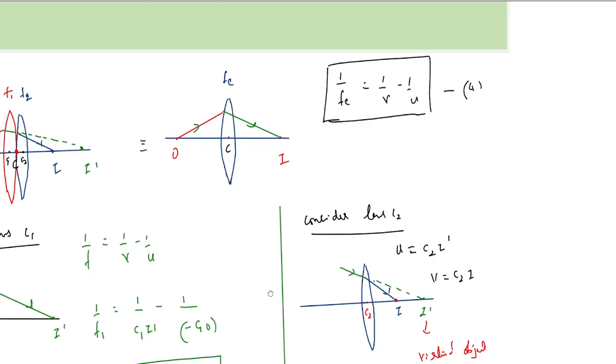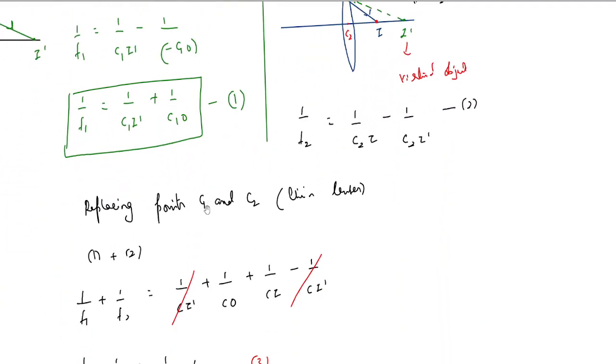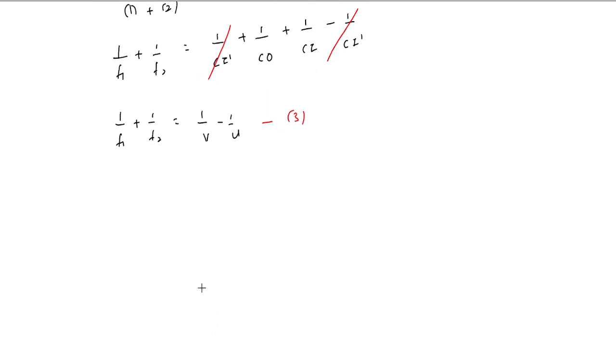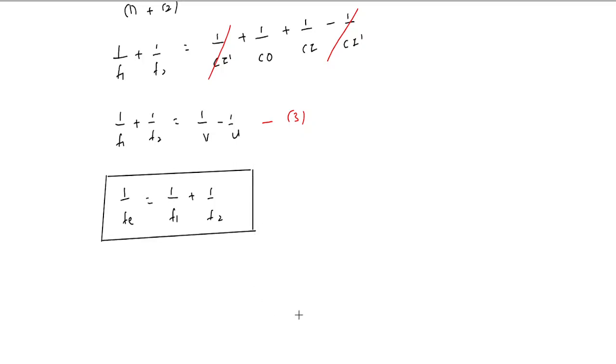So, comparing 3 and 4, it is very obvious that the right hand sides are equal. Therefore, we get 1 by F equivalent is equal to 1 by F1 plus 1 by F2. So, this is the required expression for the effective focal length.